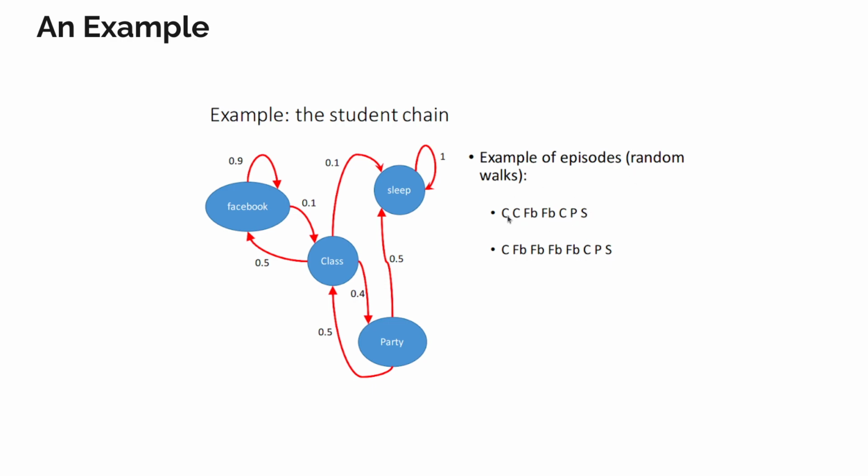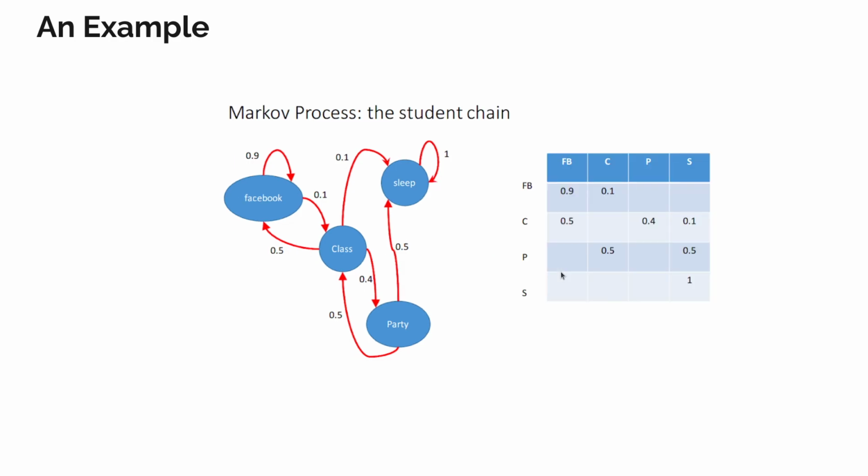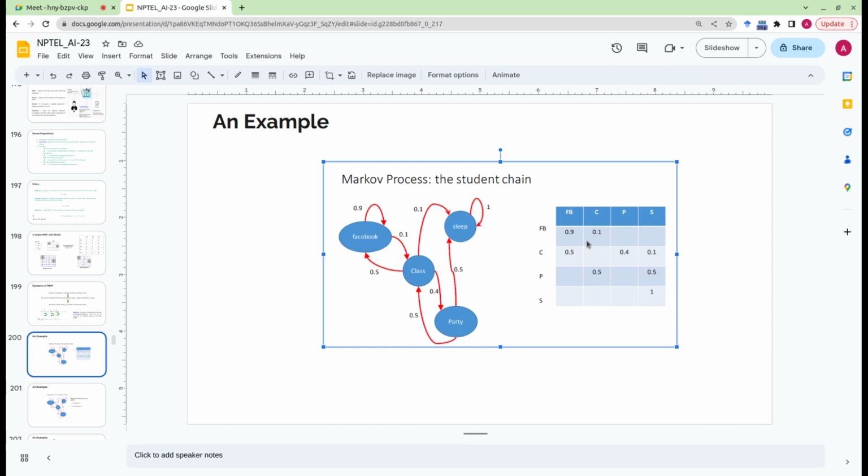If I do class, class again, Facebook, class, party, and sleep, what reward are we going to get? We'll ask for the reward of each transition: from Facebook to class, what reward do you give? From Facebook to Facebook, what reward do you give? Take it from this table and try to solve.